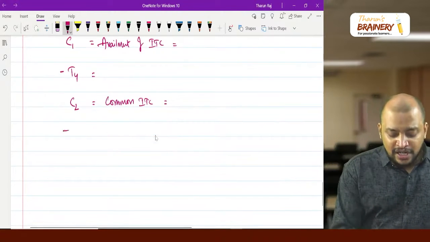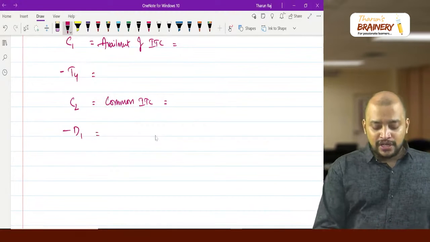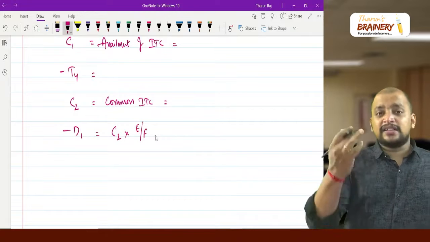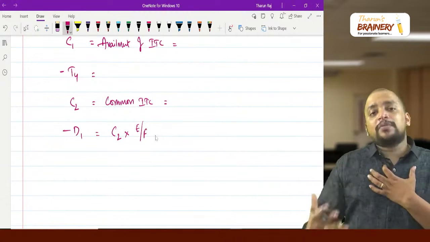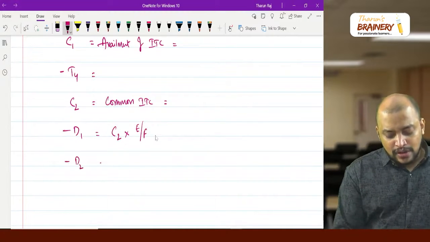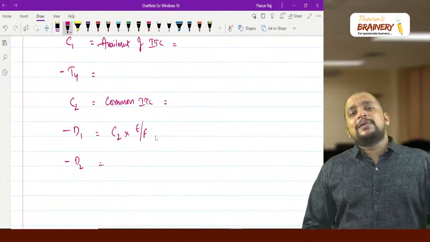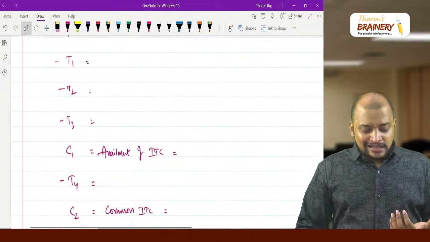So common credit attributable to exempted purpose. How much? C2 into E by F. What is E by F? Exempted to total. First we will take the credit and then we will reverse the credit. Common credit attributable to exempted supply, minus T2. Common credit attributable to non-business purpose. If you know how much is exactly for business and non-business, that you will segregate at this stage itself.